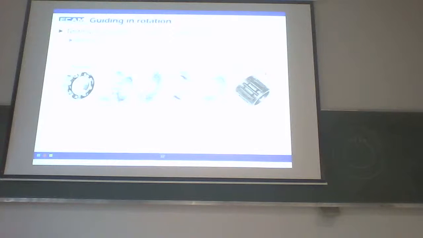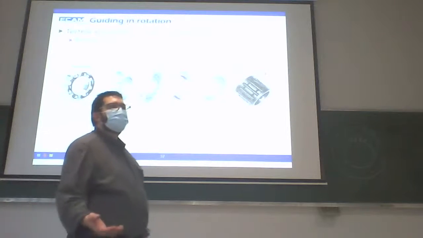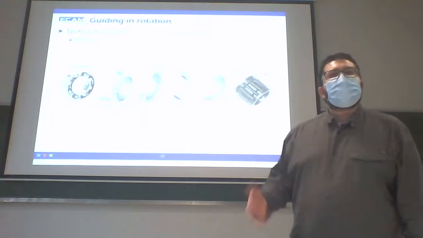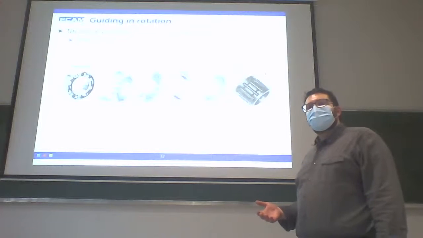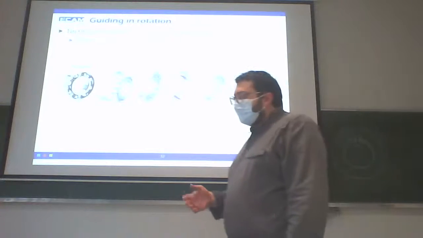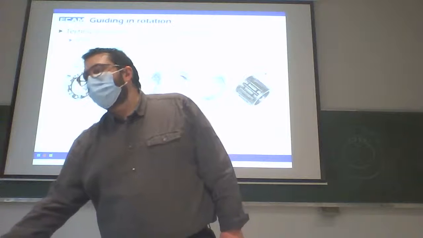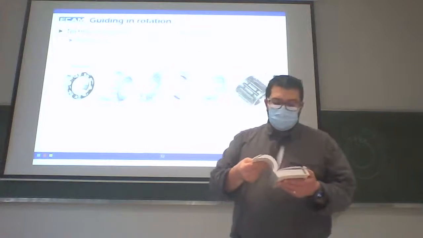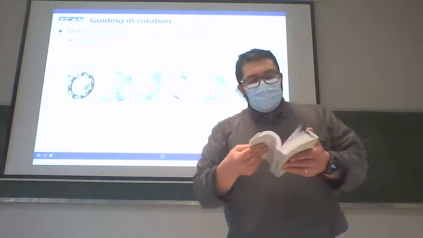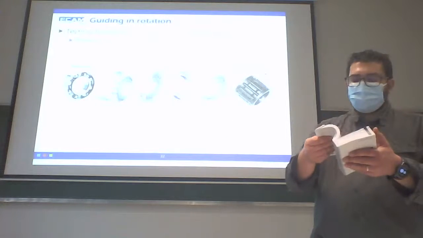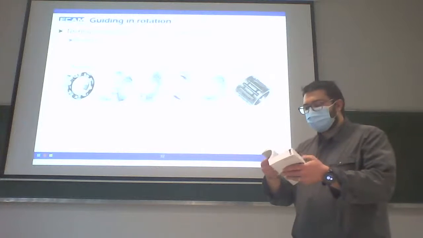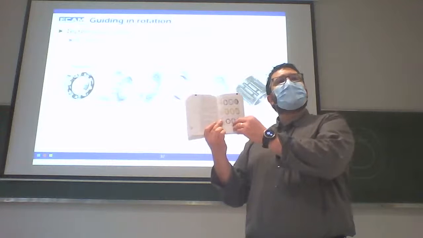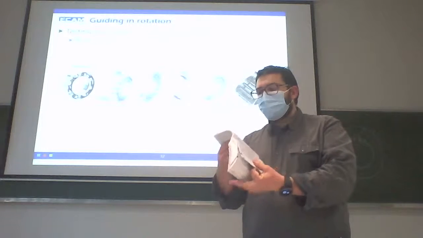For the first year, you have to recognize ball bearings inside a technical drawing. For this, look inside the technical pocket guide. You will find all the explanation about ball bearings, and you will see all the different models.